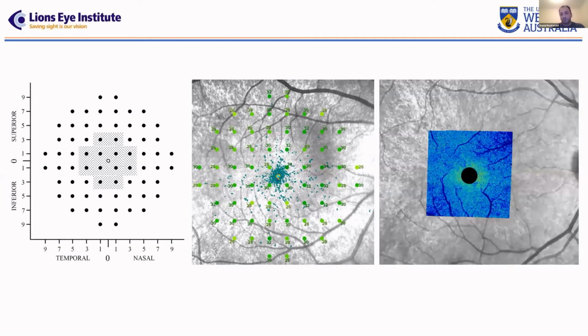And this is a density map, which shows cone density at the posterior pole. And we performed cone density analysis on these 12 locations, which are 1 to 3 degrees away from the fovea, and they correspond to the locations of Maia.